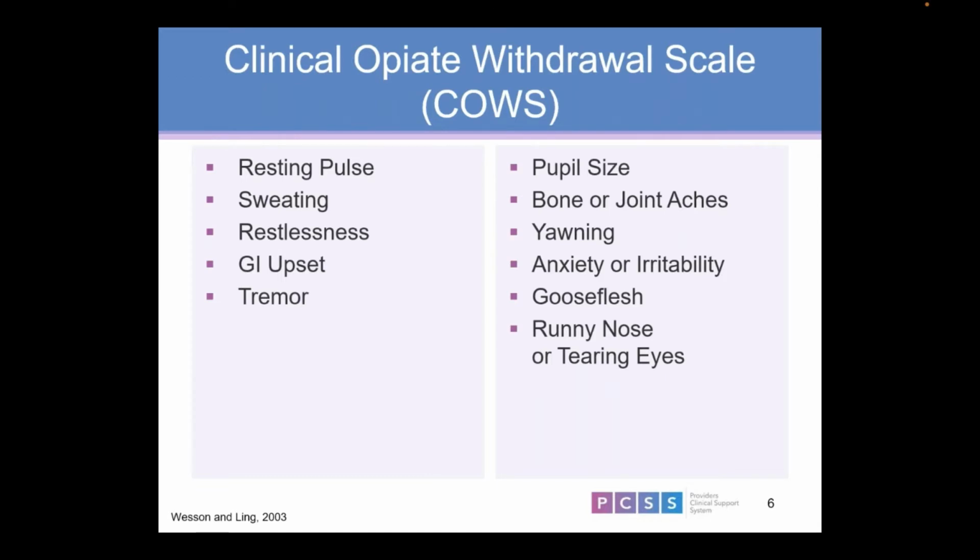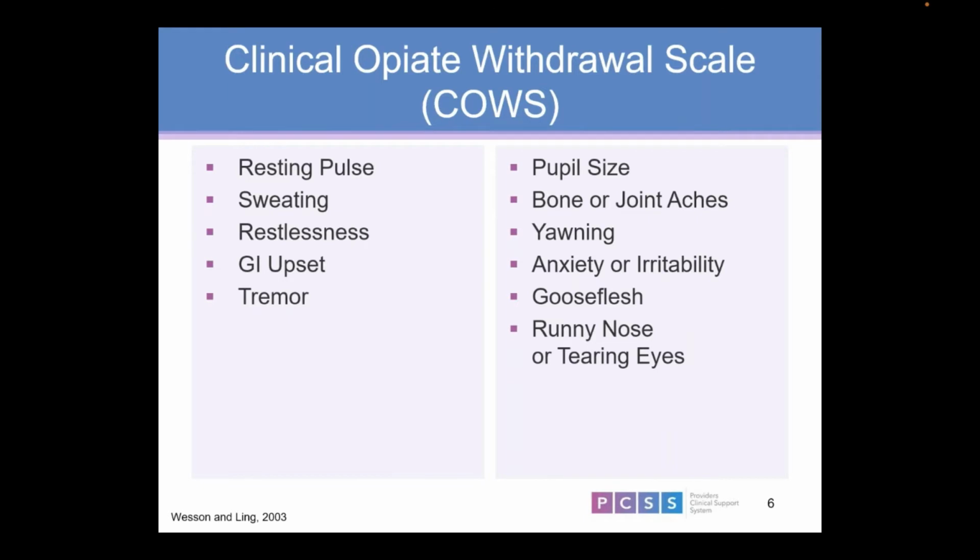These are the things that you would be looking for, and they're part of this clinical opiate withdrawal scale. So they have an increase in their pulse. I typically will just touch their hands, the idea that there's sort of sweaty palms. They can talk about restlessness, but sometimes you can observe it.